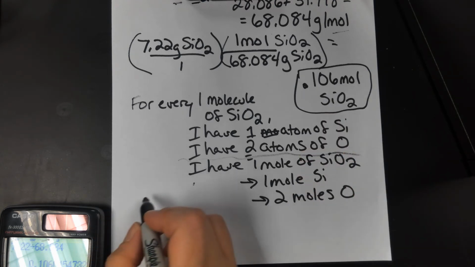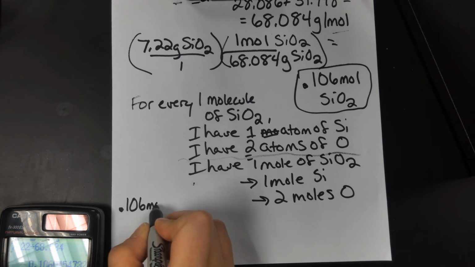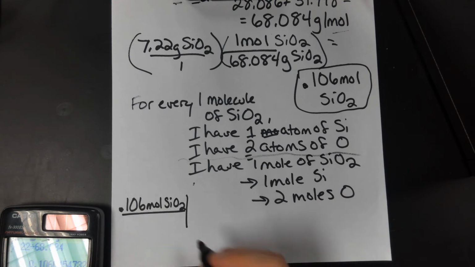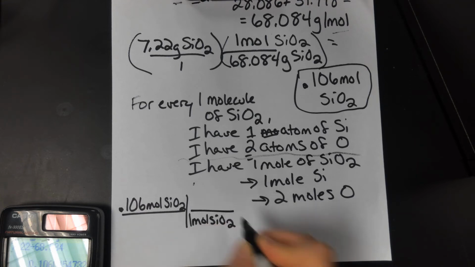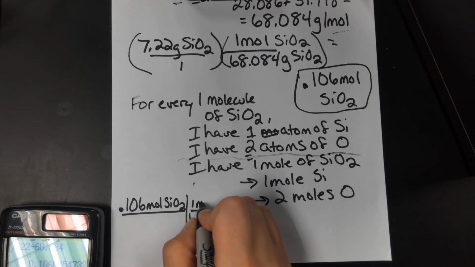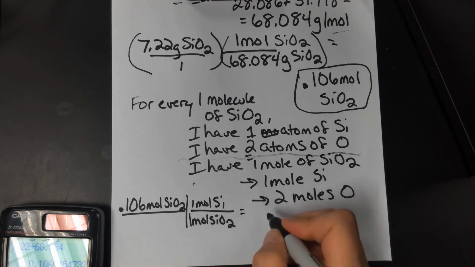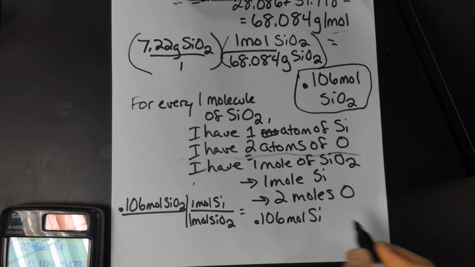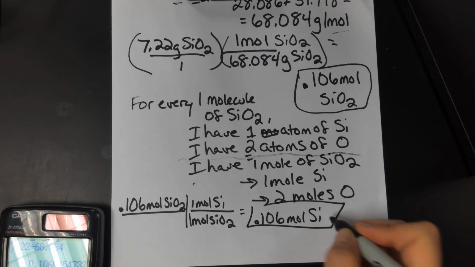I'll show you the math and it might make sense then. 0.106 moles of SiO2. I know that for every 1 mole of SiO2, I will have 1 mole of Si. Multiply the tops, divide by the bottoms. That means I have 0.106 moles of Si.